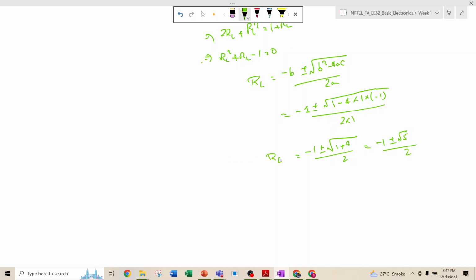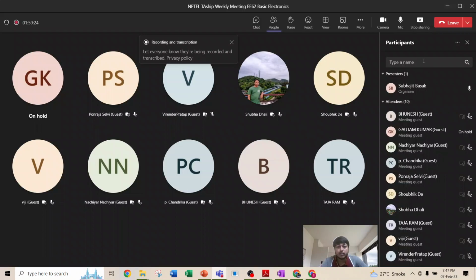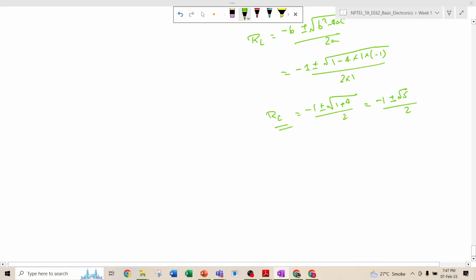RL is actually a practical element, so that cannot be a negative number. Just wait. Okay, so that cannot be a negative number.